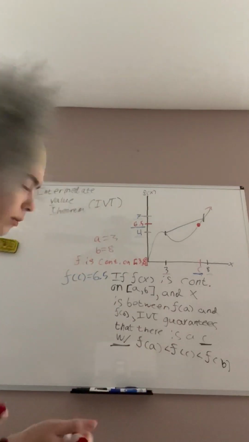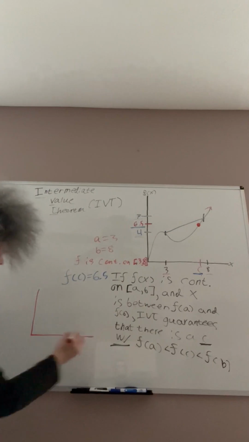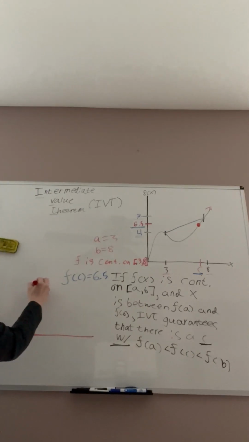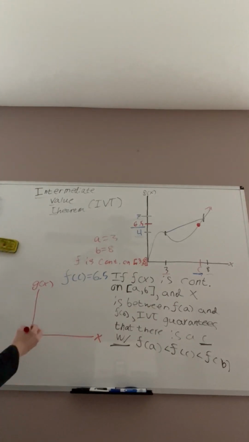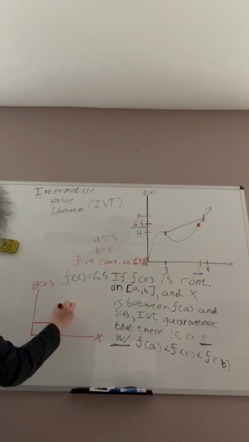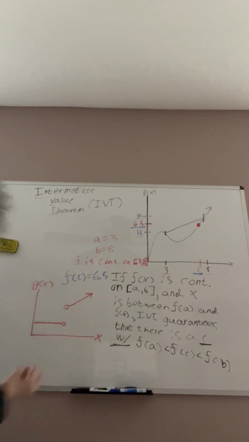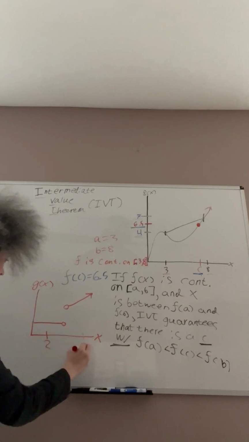Let's have another example. Let's say we have a graph of g of x, and let's say that graph looks like this. So it's not continuous, right? Let's pick interval 2 to 6 here.